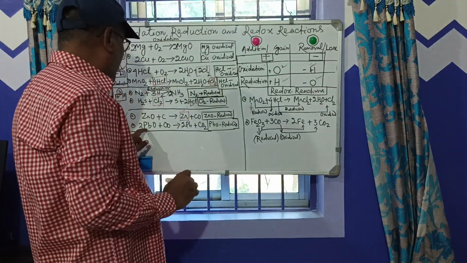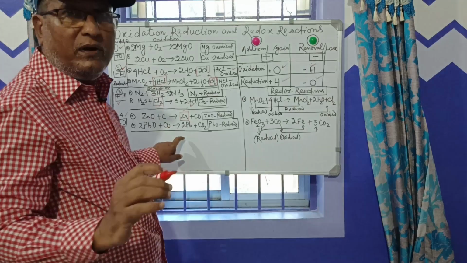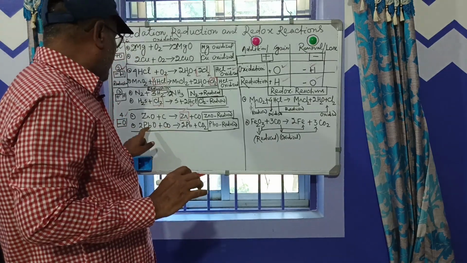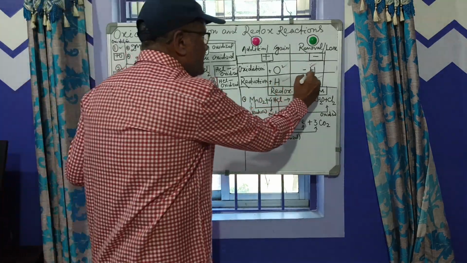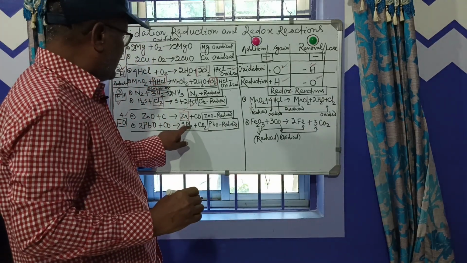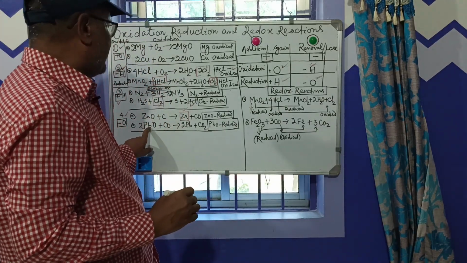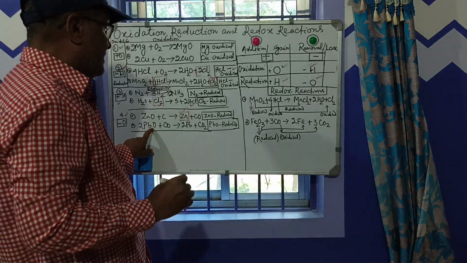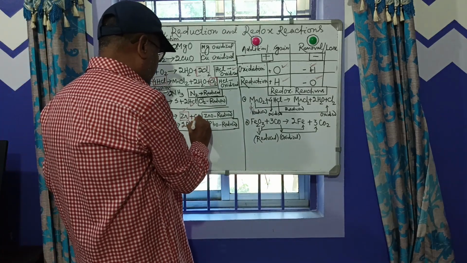Another example: lead oxide plus carbon monoxide. Oxygen is removed from lead oxide to produce lead. So lead oxide is reduced to lead.